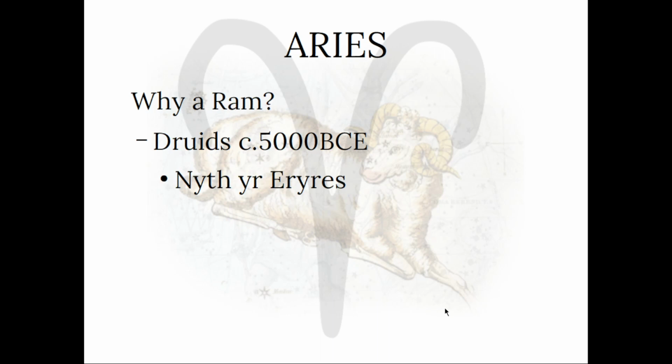I believe that the constellation Aries was called Nith Aries by the ancient British, and that means, or is translated, the hen eagle's nest.